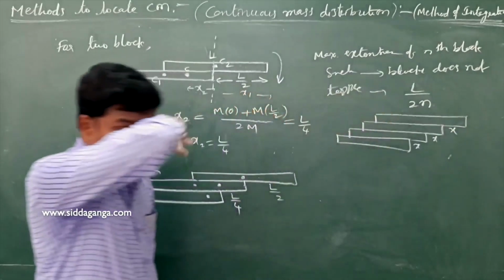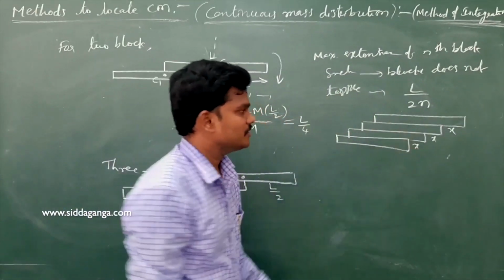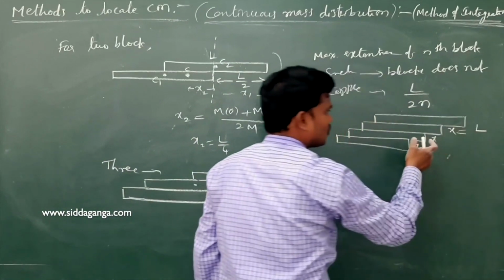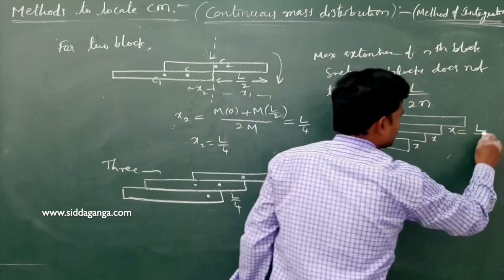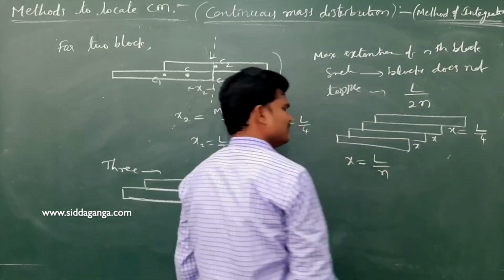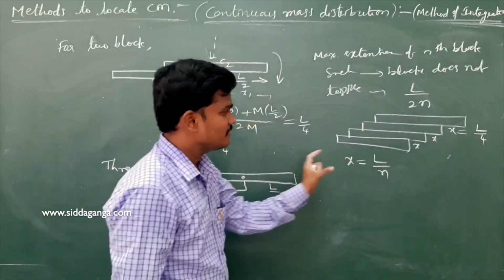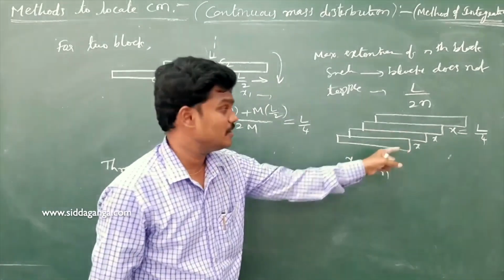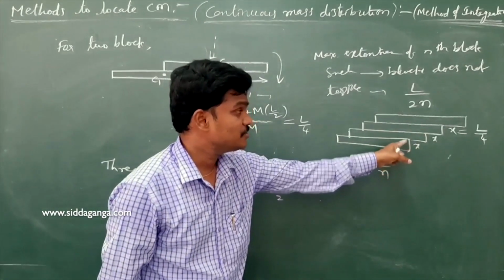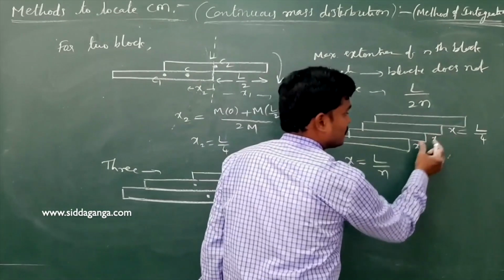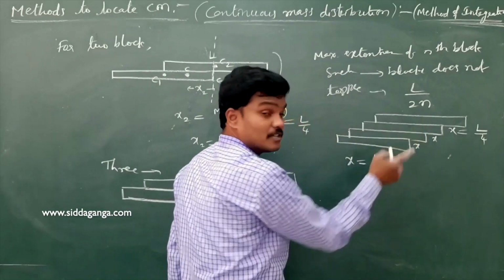For 4 blocks, if you keep this by L by 4, there is a shortcut formula, L by n, where x is the equal extension from the edge of each block. So here if they give 4 blocks, if you keep L by 4, then these blocks do not topple.